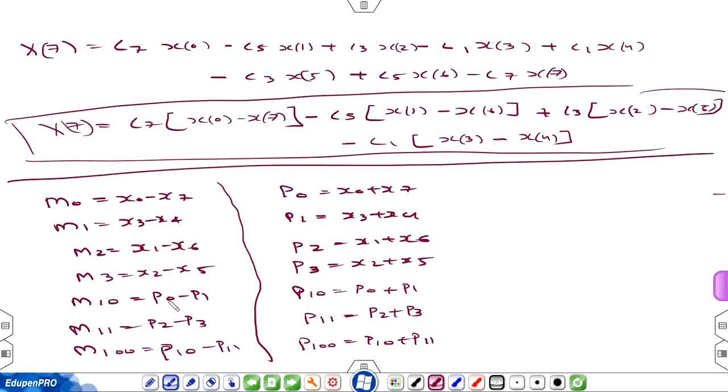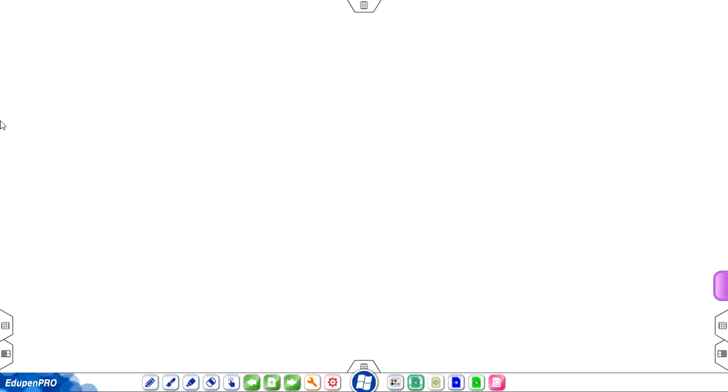so using these defined terms, this equation can be rewritten in the form x1 is equal to m0 c1 plus m1 c7 plus m2 c3 plus m3 c5.